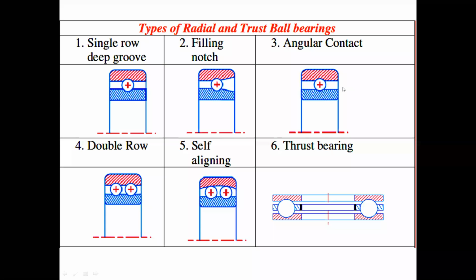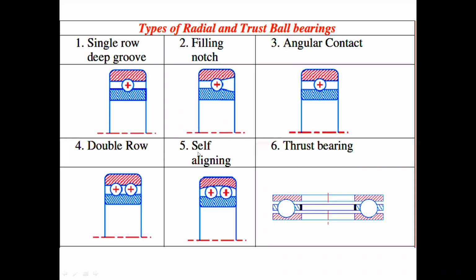Angular contact is provided so that we can insert the ball easily. Now this is single row, and this is double row. Two balls are there, which support the load.